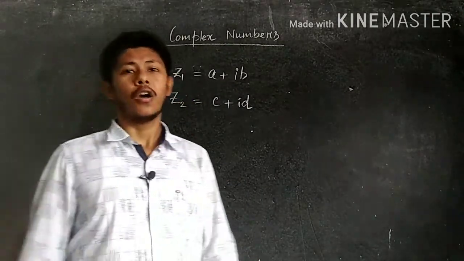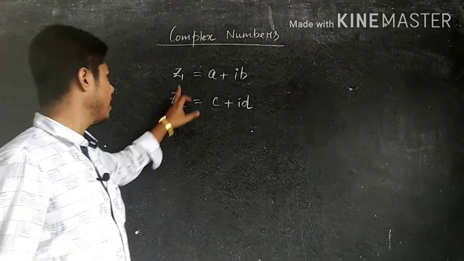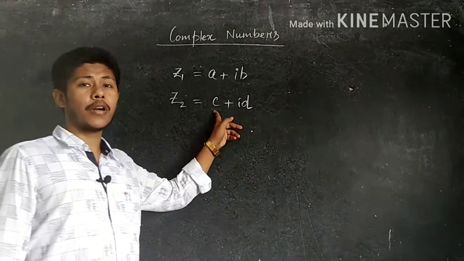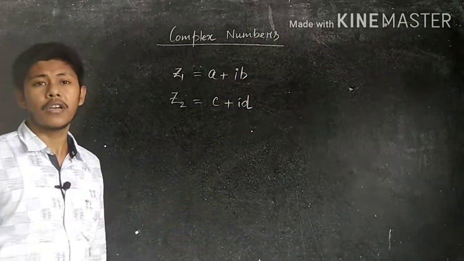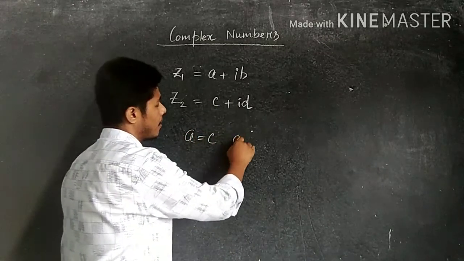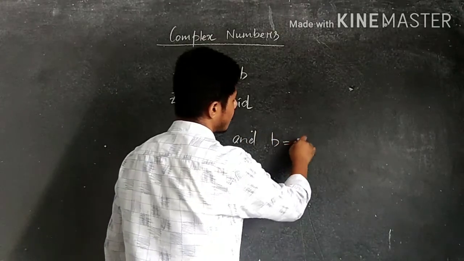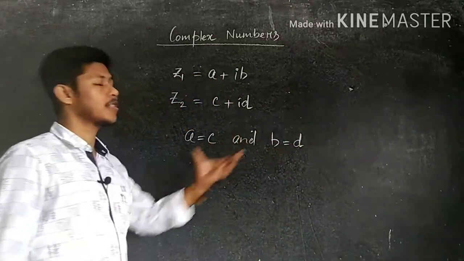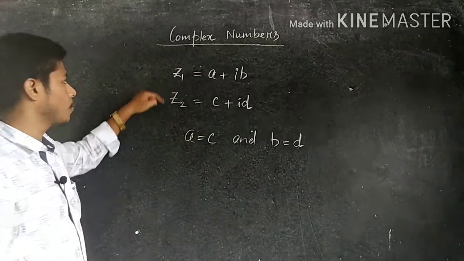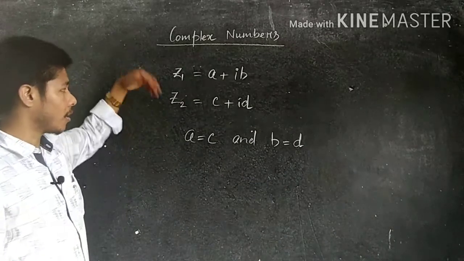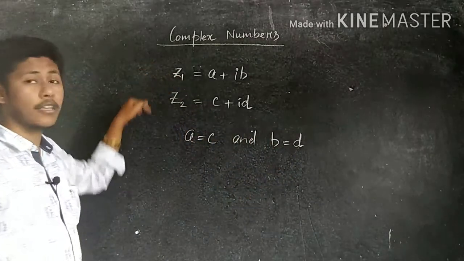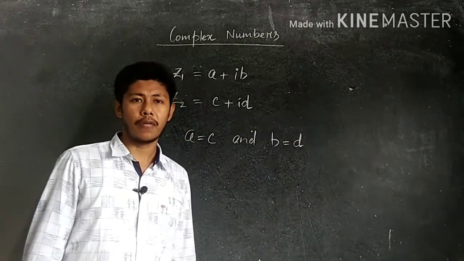They are equal if the real part equals the real part and the imaginary part equals the imaginary part. So if a is equal to c and b is equal to d, then the two complex numbers are equal. Inversely, if their real and imaginary parts are equal, then we can say the two complex numbers are equal.